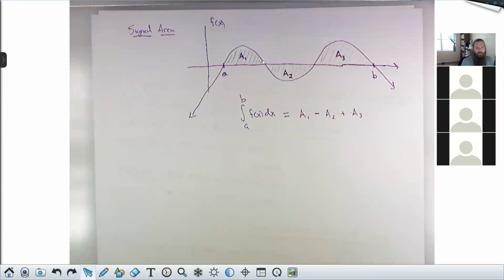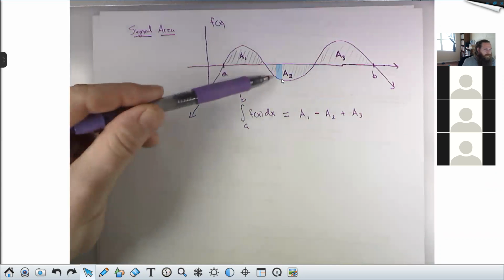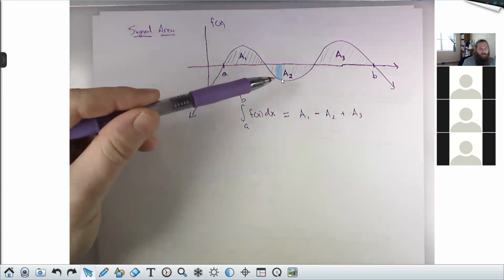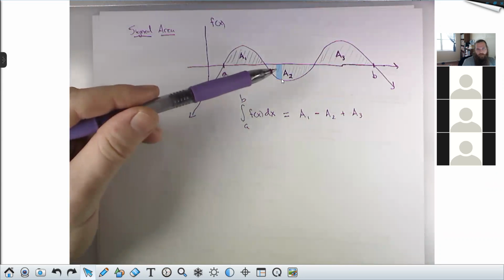So the A2 region here, which sits below the x-axis, is measured with a negative sign, precisely because it sits below the x-axis. If you were to look at any y value down here, like imagine the little Riemann rectangle that goes right here, the height there is going to be negative in the Riemann sum. Maybe this y value right here is like negative 2. That means in your Riemann sum, the f of x_i, maybe it's like x7 or something over here.